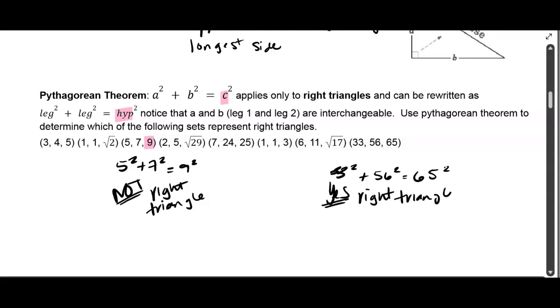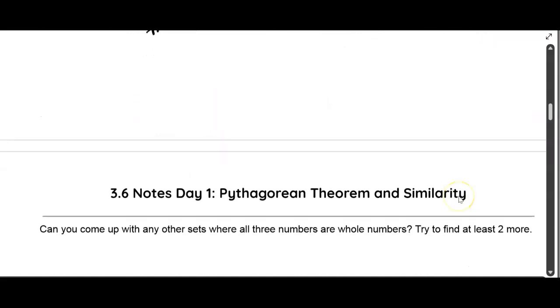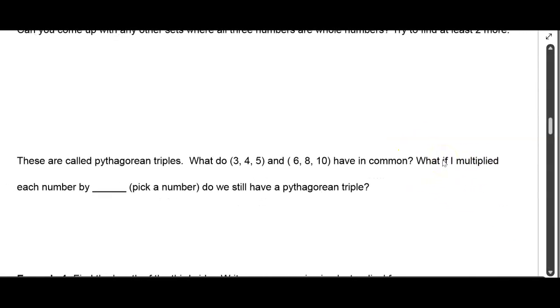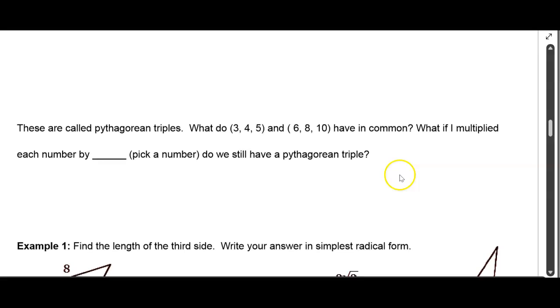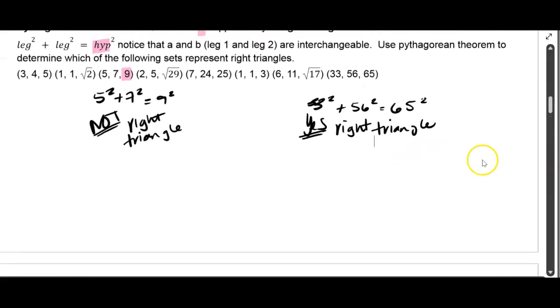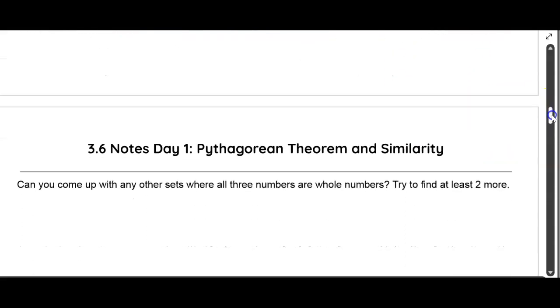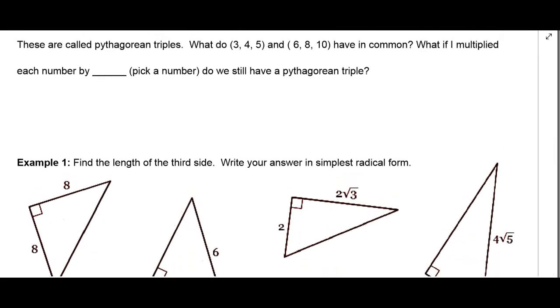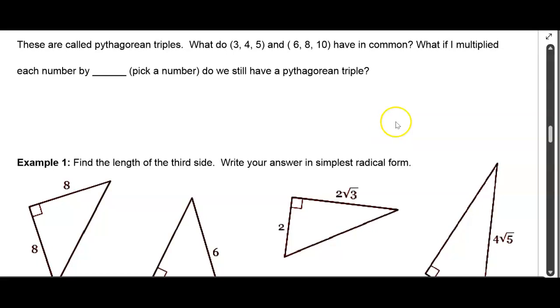Now you can try all of them if you want. I'm only going to use these 2 examples. So now we have Pythagorean triples. We're really not going to get into Pythagorean triples. Your Pythagorean triples, if you keep looking down in your notes, are here.